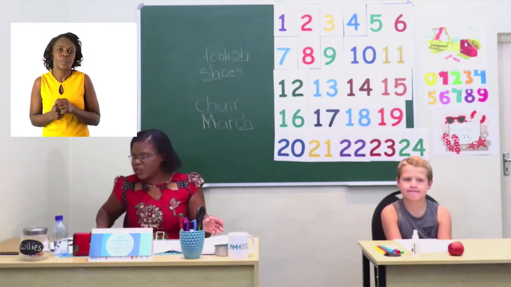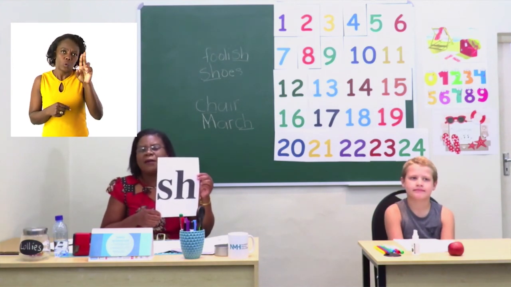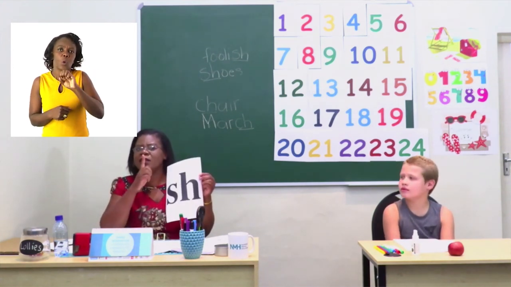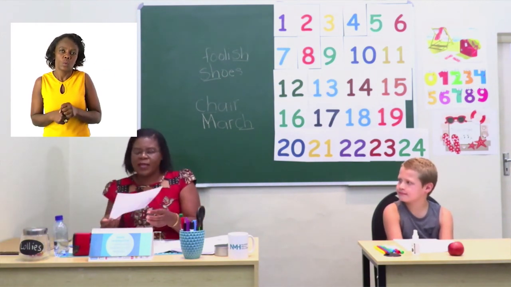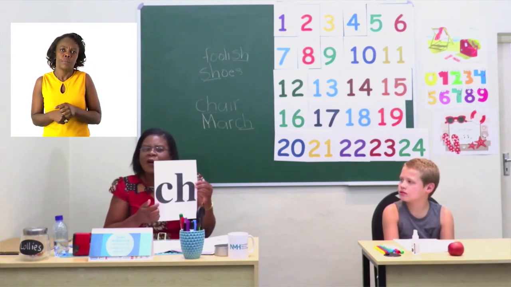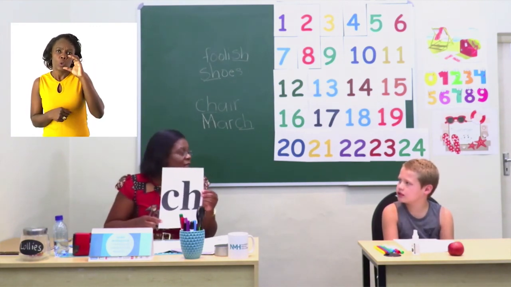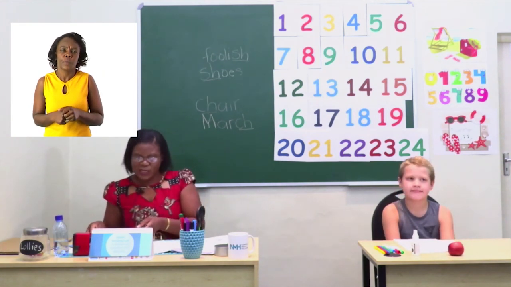We have learned the s and h. What sound is it? It's a sh. And we have learned the k and h. What sound is it? Ch. It's a ch. Those are the two sounds that we did.